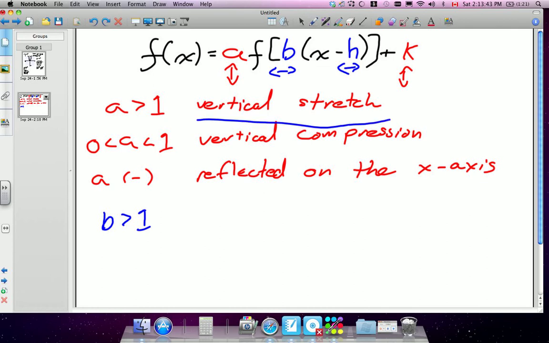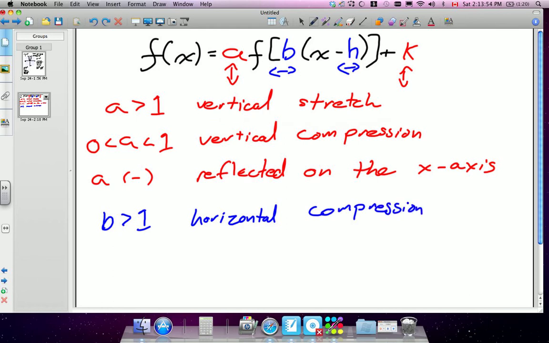So in other words, A and B have kind of the opposite effects. One does up and down, one does left to right, but when A is greater than 1, it's vertically stretched. When B is greater than 1, it's horizontally compressed. Okay? So using that same logic, if B is between the numbers 1 and 0, it would be horizontally what? Stretch. Good.